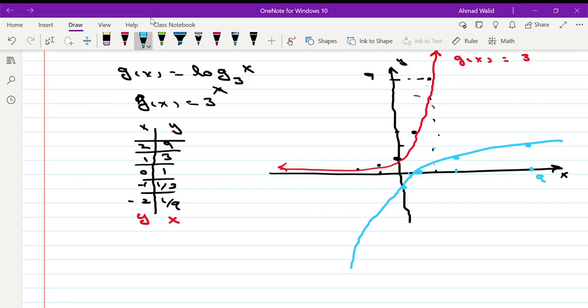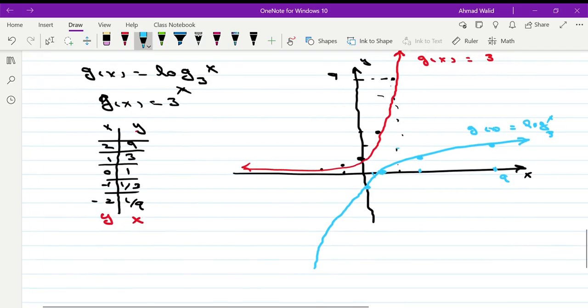you will see this one will be the graph of the inverse of g of x equal 3 to the power of x, which is the inverse will be the logarithmic function, correct? G of x equals log x base 3, correct?